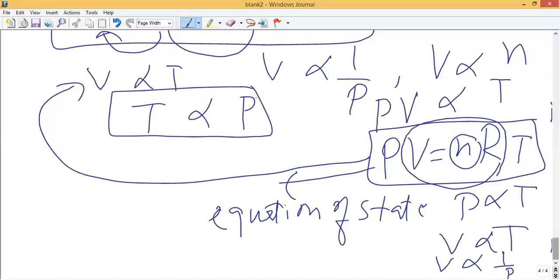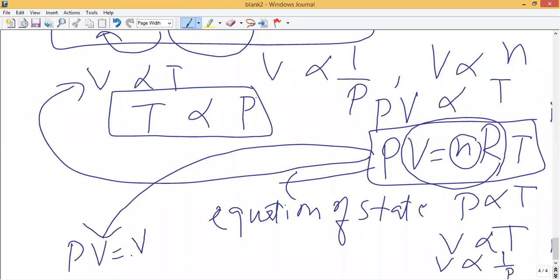And this same equation can also be written as PV equals N kB T. Here kB is the Boltzmann constant, N is the number of molecules, and R is the general gas constant. Their values are given in the book.